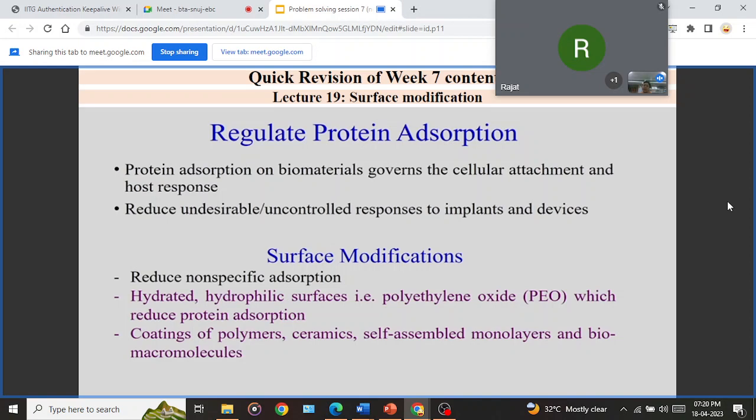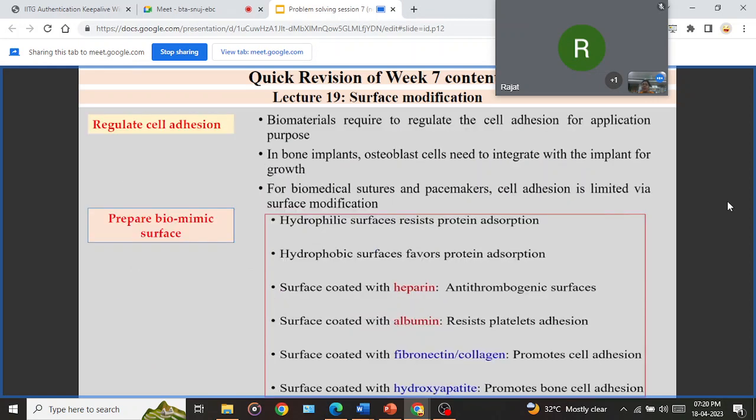Hydrated hydrophilic surfaces like PEO reduce the protein adsorption. Also, coatings of polymers, ceramics, self-assembled monolayers and biomacromolecules help in modifying the surfaces. We'll discuss one by one what these surface modifications are in the coming slides.